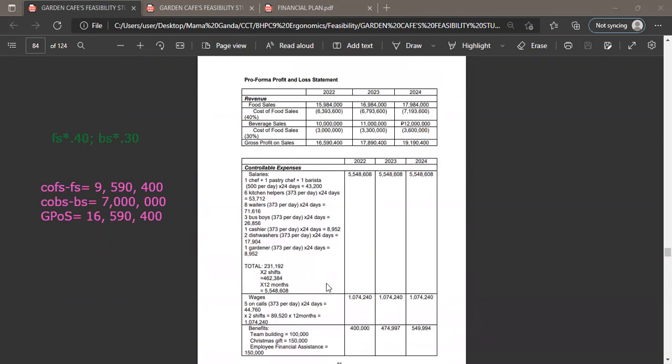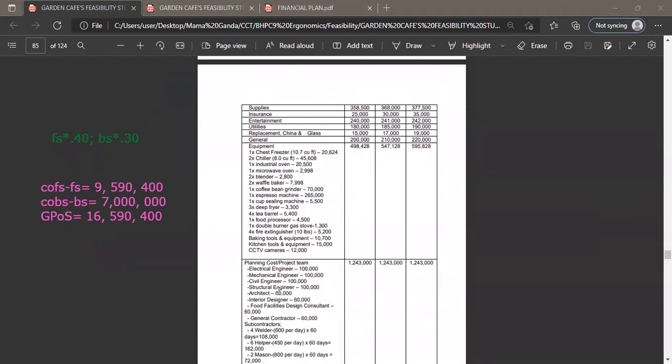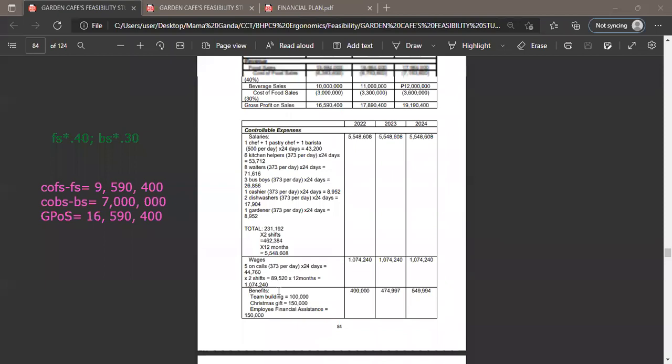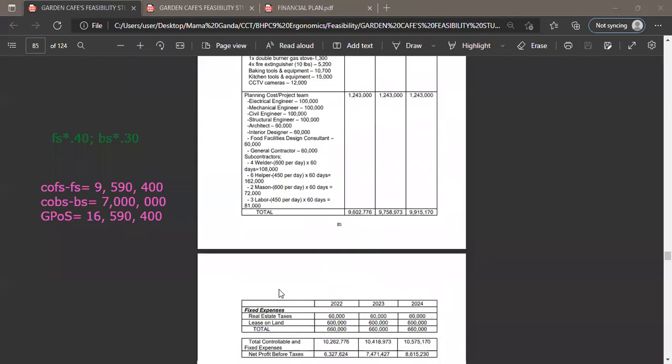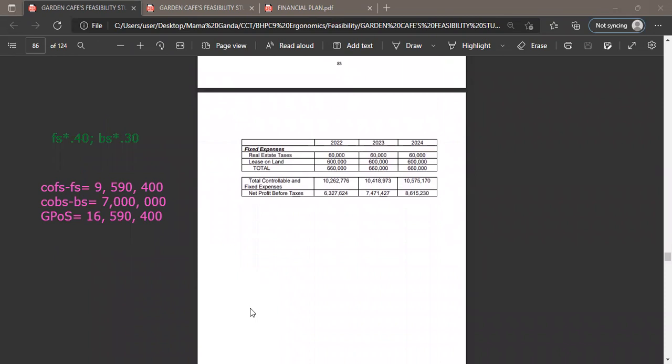This is just an example of the controllable expenses, and you have the fixed expenses. It is also based on your own data. You can just use this as your guide.